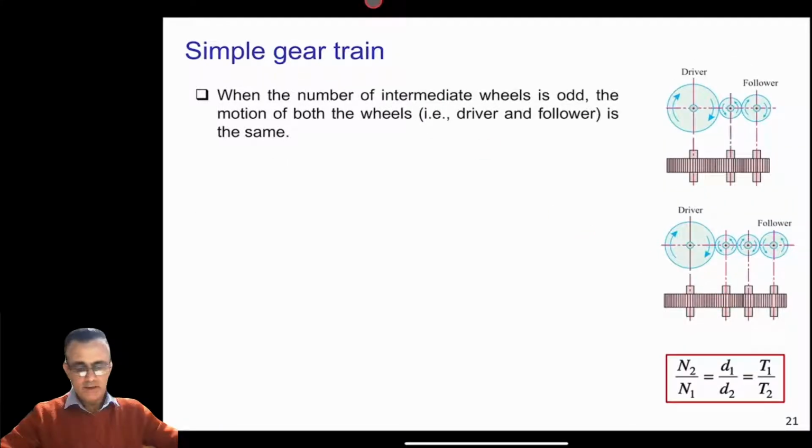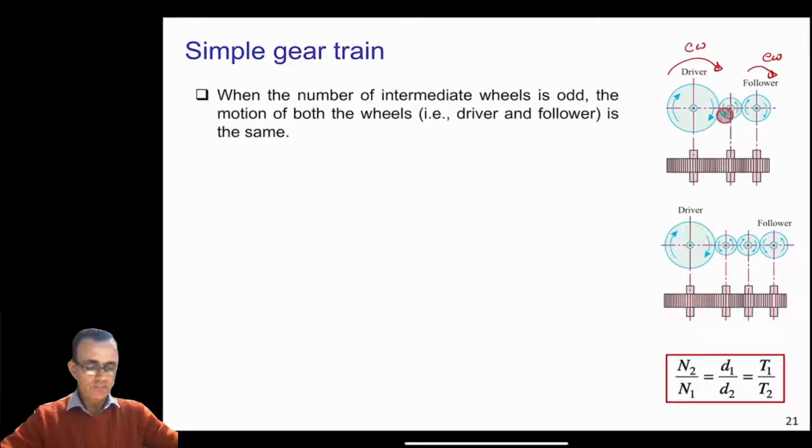And when the number of intermediate wheels is odd, as you can see in this case here, when there is just one intermediate wheel, or three or five, the motion of both the wheels, that is driver and follower, is the same. This means that if the driver is rotating in the clockwise direction, the follower will also rotate in the clockwise direction.